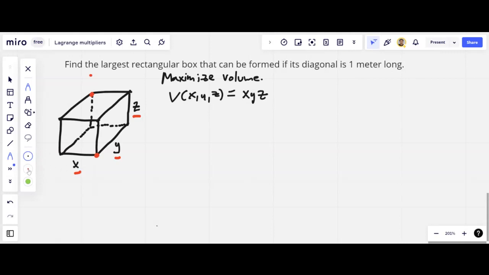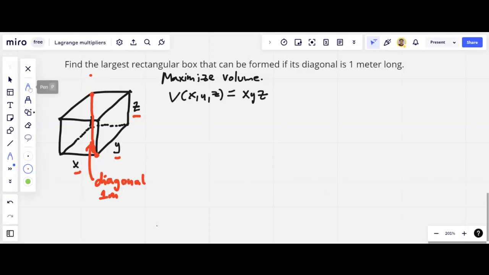So one example of a diagonal of this rectangular box is the segment connecting this corner of the box all the way to this corner of the box on the opposite side. And we are given that this diagonal measures 1 meter.